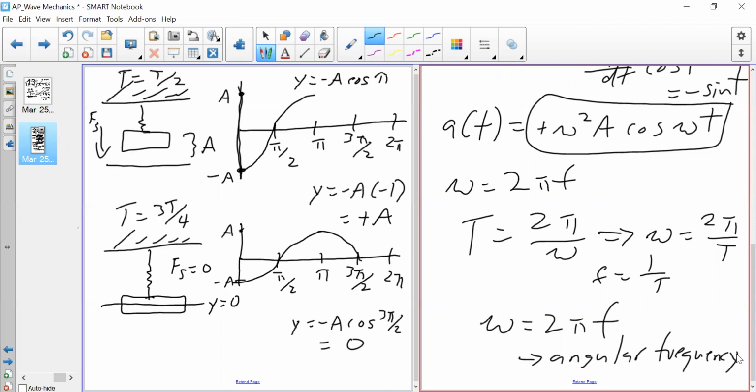Radians per second. I think at this point it's trivial to make too much of a fuss over angular velocity versus angular frequency. The context is angular frequency here.